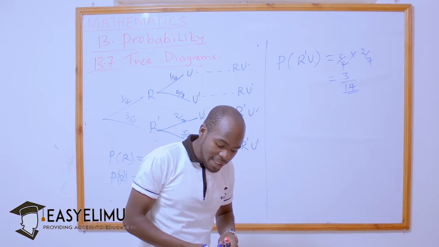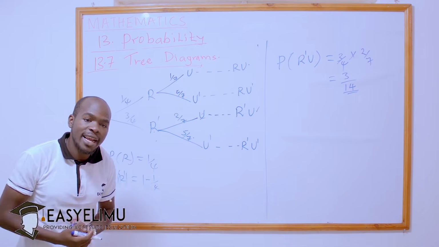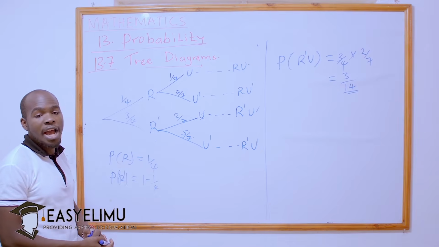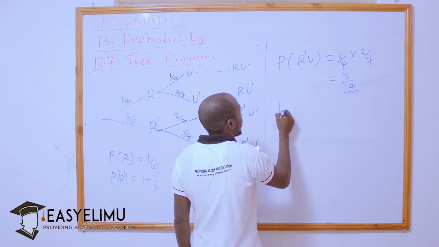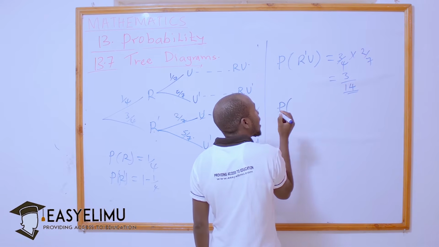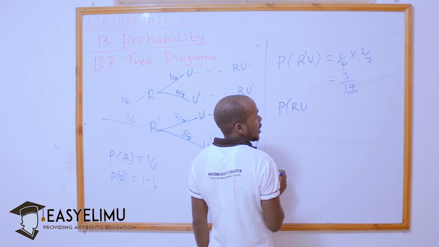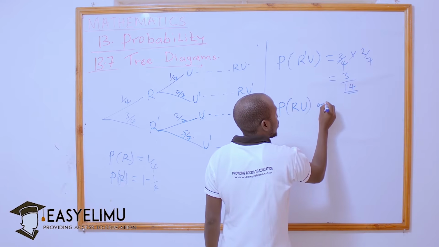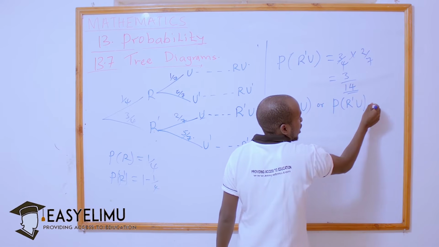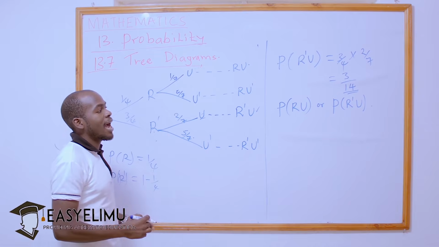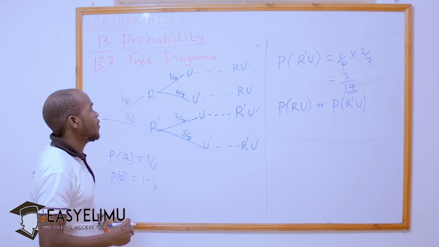The next question, I shall carry an umbrella, means whether it is rainy or not rainy, that guy will carry an umbrella. So meaning that we are going to find the probability that he carries an umbrella. So it can be either raining and carries an umbrella, or not raining but carries an umbrella. So if that is the case, we shall add the two probabilities because it's mutually exclusive event.